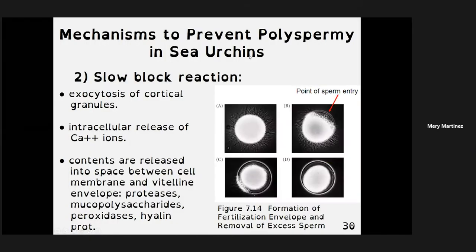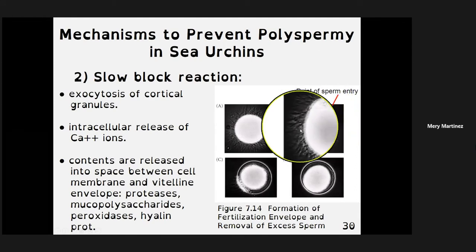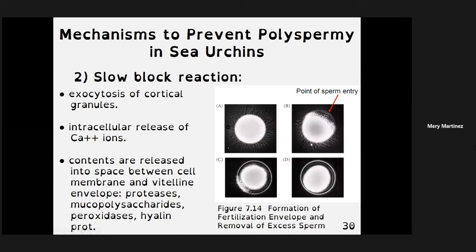And that gradient is going to start from the point where the sperm enters, all the way down to the opposite end of the sperm entrance, okay? This calcium comes from the endoplasmic reticulum of the egg, okay? So we know that the endoplasmic reticulum contains a lot of calcium and it will come from it, okay?